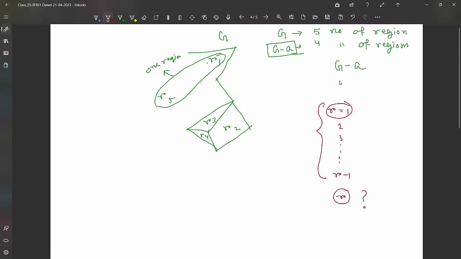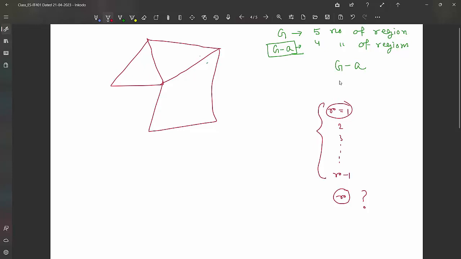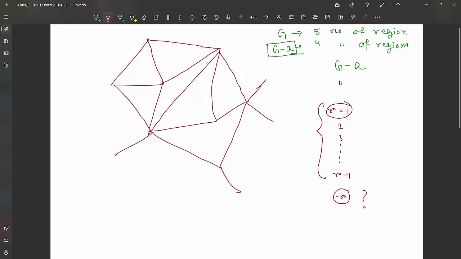Suppose this is one graph where R regions are there. Suppose this is one arbitrary graph, and we are drawing it without intersecting the lines because this is a planar graph, and there are so many regions here.